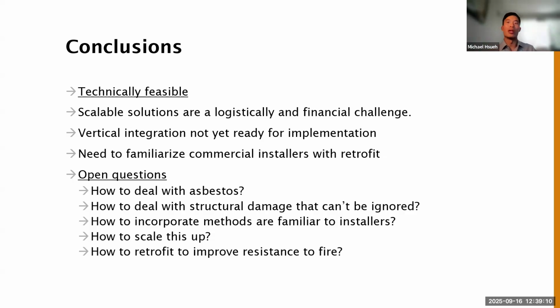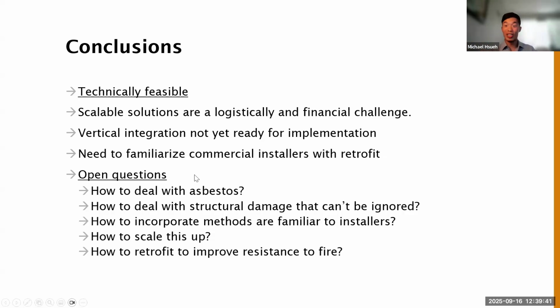Technically, the air and water barrier and the wall panels were by one supplier, and they had the pieces in place to be able to do it, but it requires a lot of intense coordination that currently doesn't really exist. And so we went through a lot of challenges with that on this project. And just working with the installers for these products, they're used to installing things a certain way. It's different with a retrofit.